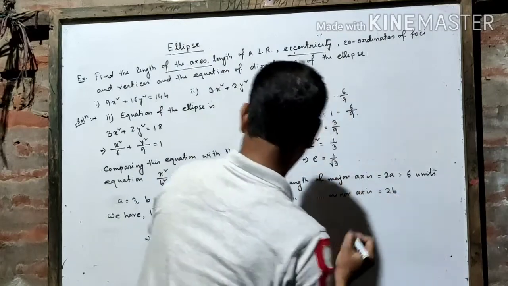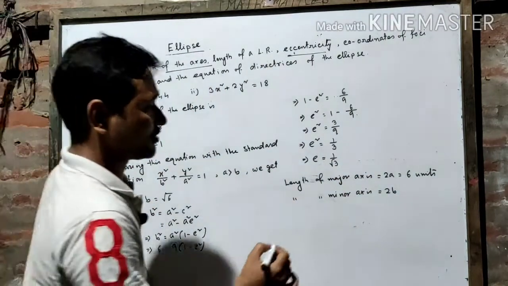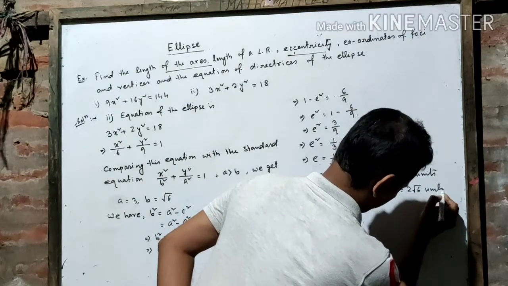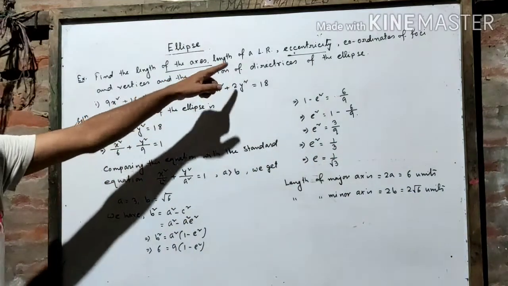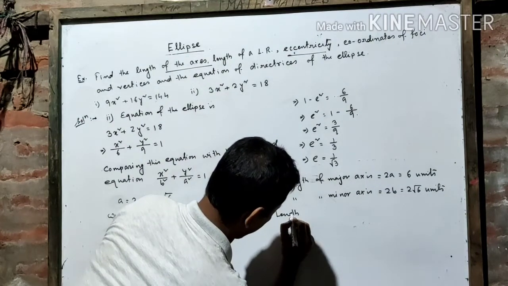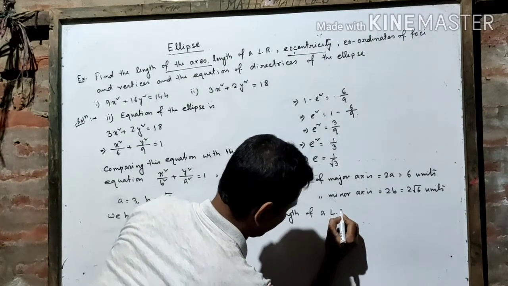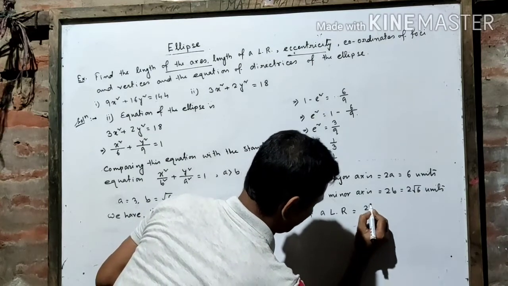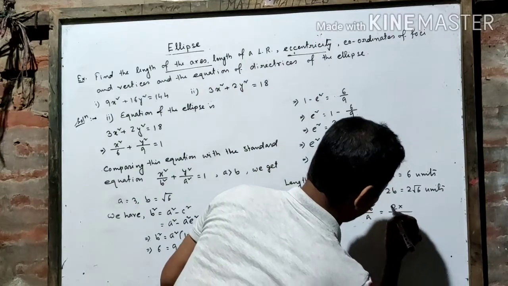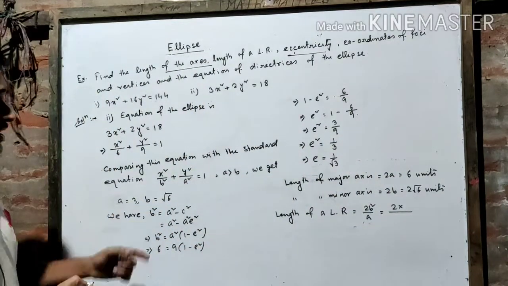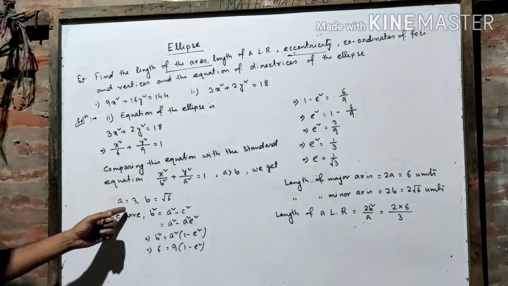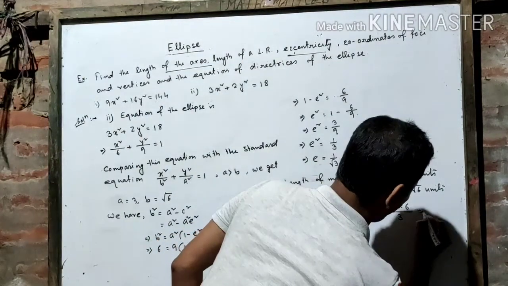What is the value of b? √6. So this is equal to 2√6 units. Then length of latus rectum, 2b²/a, is equal to 2 into b², which is 6, divided by a, which is 3, is equal to 4 units.